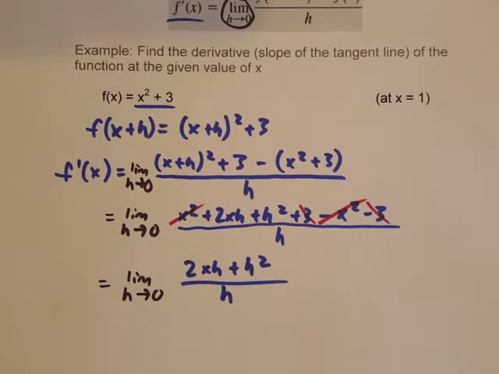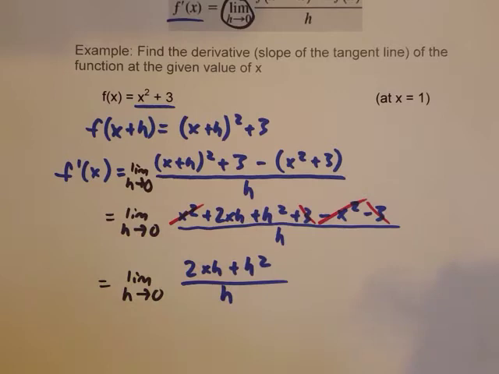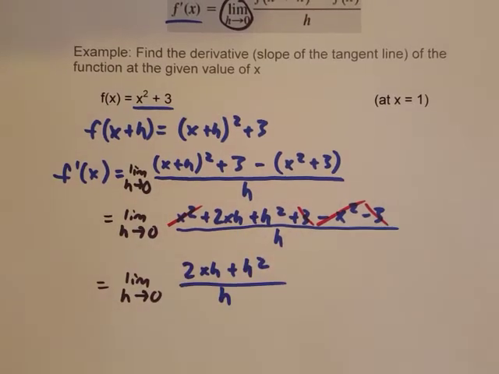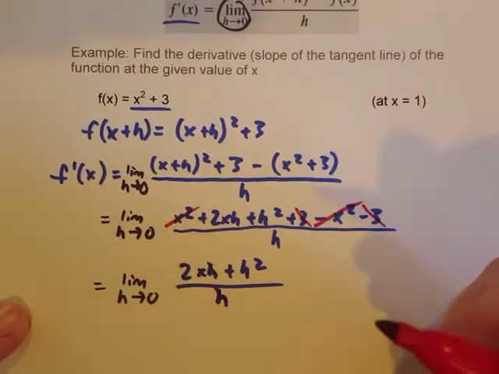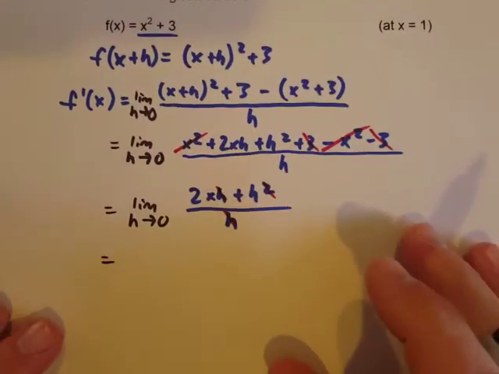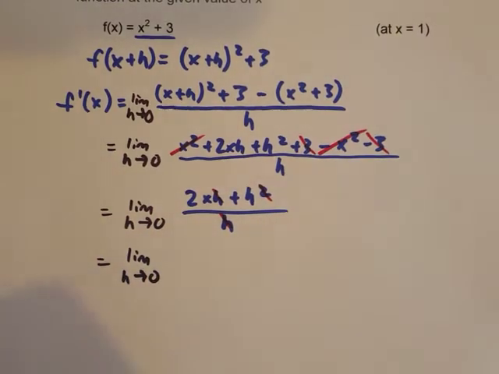Now the other nice thing is that once I've gotten rid of some of those other things, I can now do algebra to get rid of the h. I can divide each of these pieces by h because they both have an h. So if I do that, I'm essentially canceling out this h and h in each one of those. So now my new expression is going to be the limit as h approaches 0 of a much simpler thing.